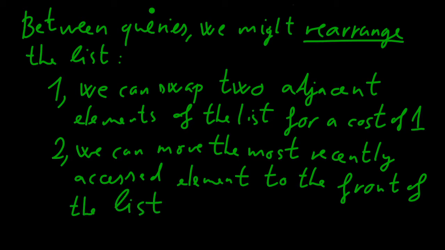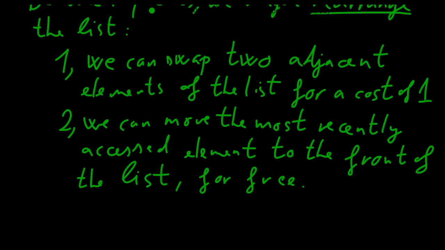Now it's for free, for a cost of 0. And that's all we can do. Of course the aim is to minimize the total cost, and if it's online, then when you serve sigma I, you don't know whether there will be any more requests, as usual. So minimize the total cost.